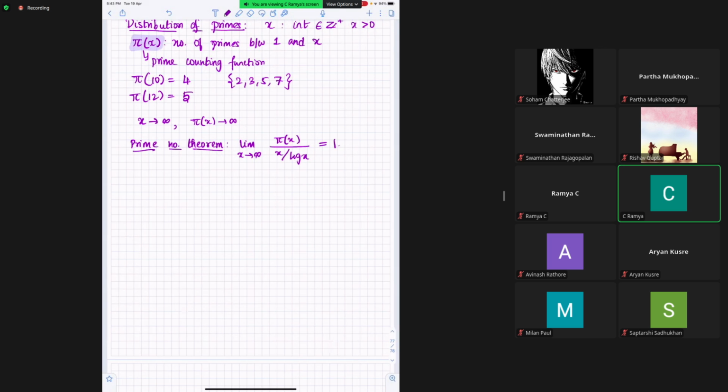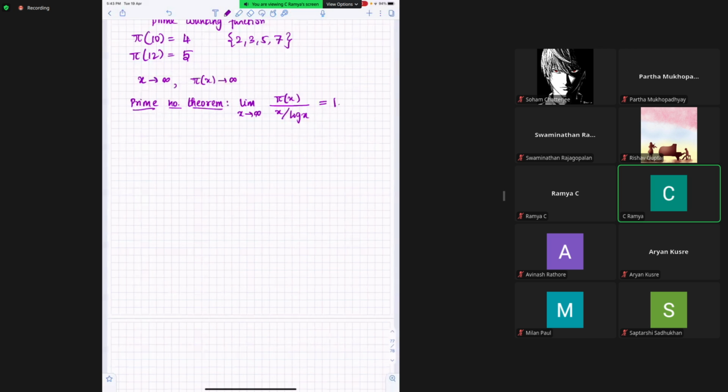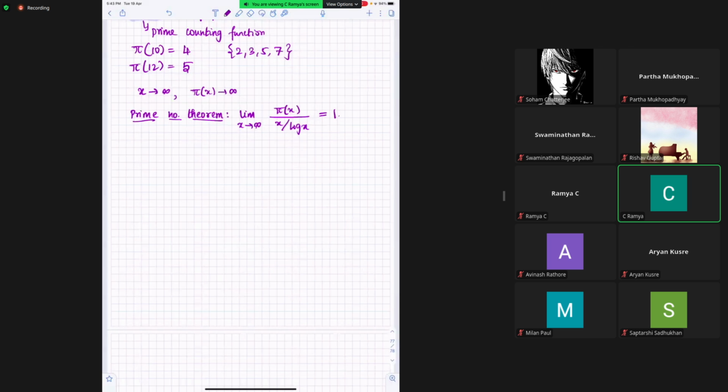This proof is really non-trivial, and maybe you might see it in some advanced courses. It will require a lot of effort. But we are going to prove a really toned down bound on pi of x, which is very weak, but it will demonstrate something good: that given any x, I can actually count the number of primes that are less than x. A weak bound.